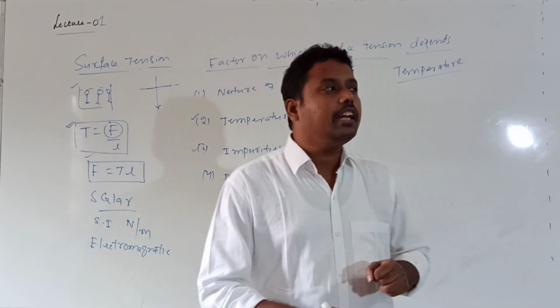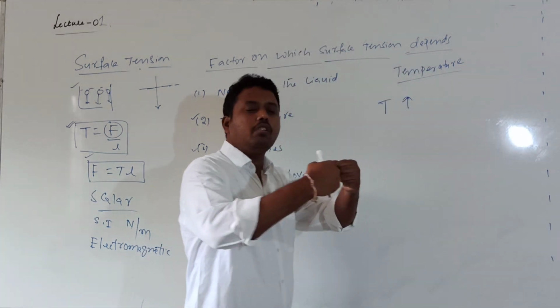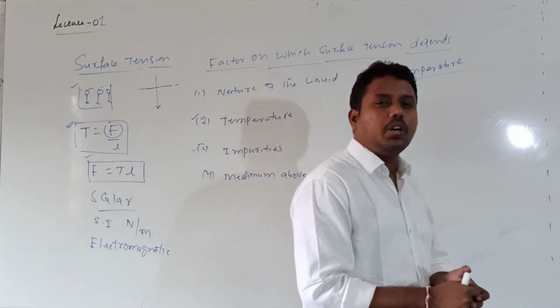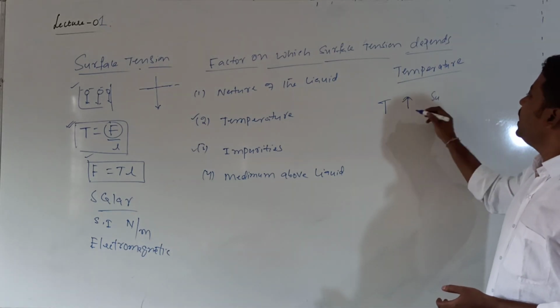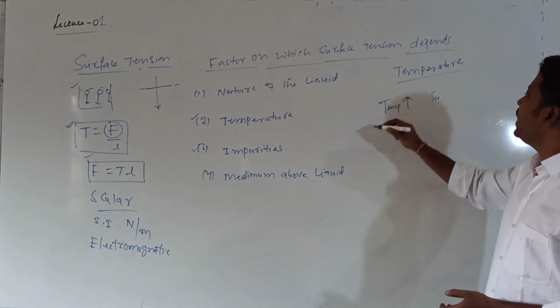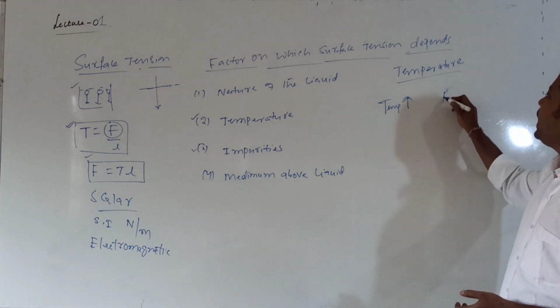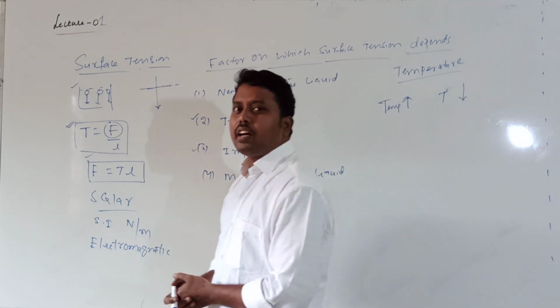Now, whenever the temperature increases, the distance between the molecules obviously increases. So what happens to the surface tension value? Here T is temperature. With increasing temperature, the surface tension, which I will also call T, decreases. Are you getting it?